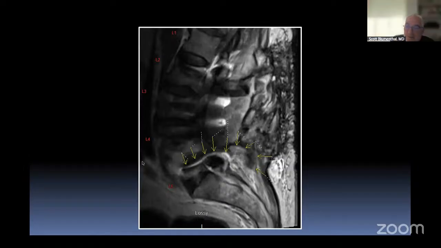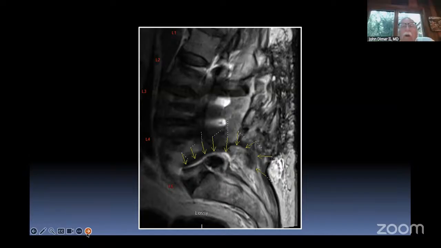Yeah, but it wouldn't have prevented the infection. I don't think that he had a lot of comorbidities, and the thought of the surgeon was that his PI matched his lumbar lordosis, and we could just do a good posterolateral fusion with a biologic, except he got it infected, and the infection spread into the disc space.